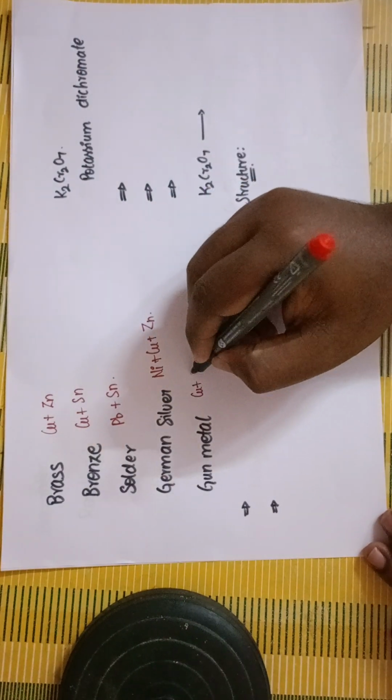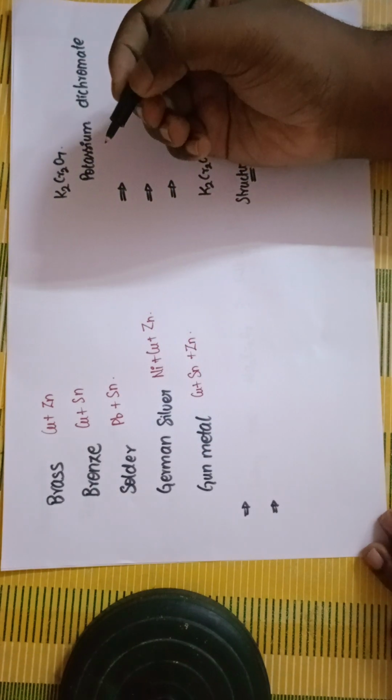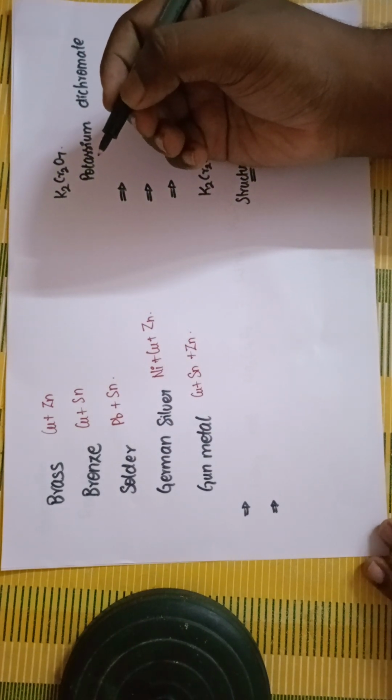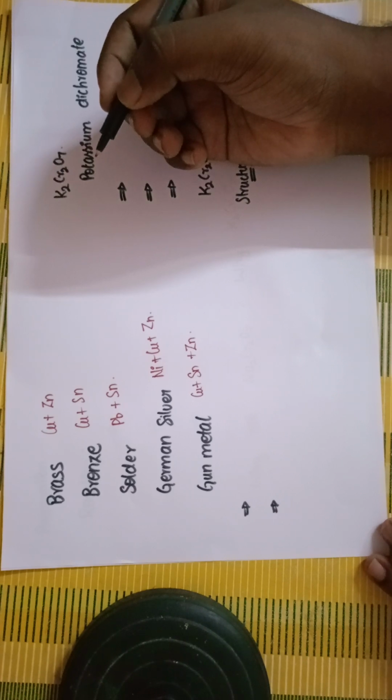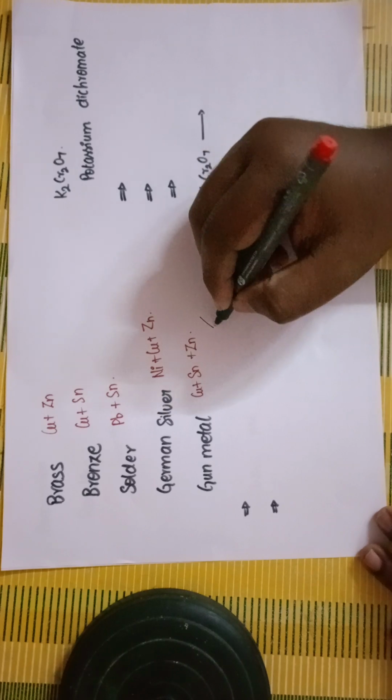Gunmetal: copper, tin and zinc. These are the different metals present in the particular alloy. So with this we have completed the properties.